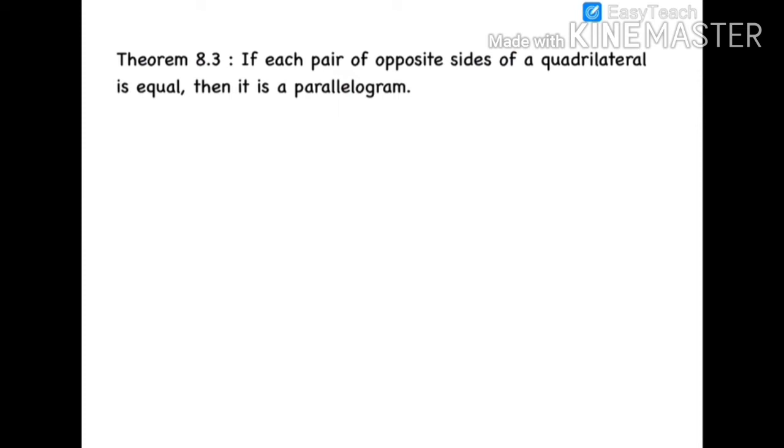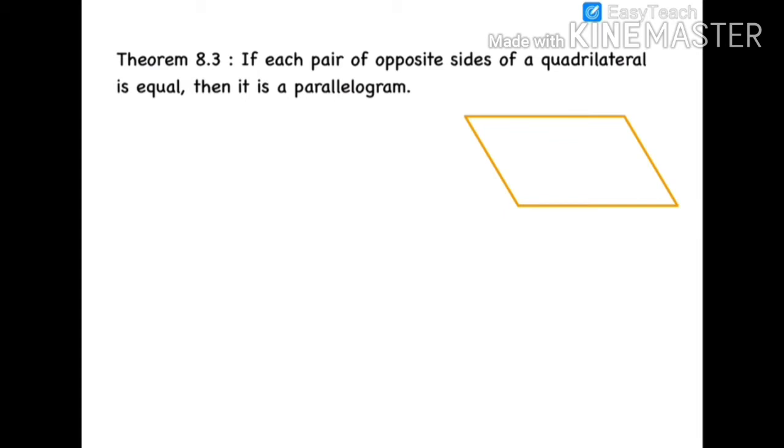Theorem 8.3. If each pair of opposite sides of a quadrilateral is equal, then it is a parallelogram. This theorem is exactly converse of theorem 8.2. So now we are given a quadrilateral. I'm drawing it like a parallelogram. However, what we are given in the question is that this is just a quadrilateral in which the opposite sides are equal.